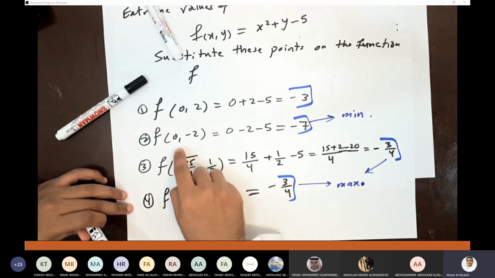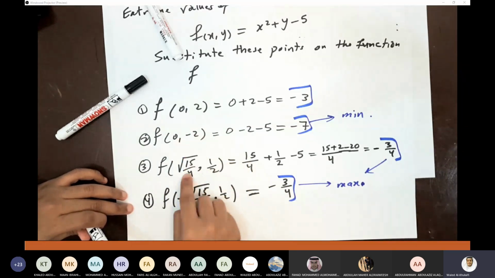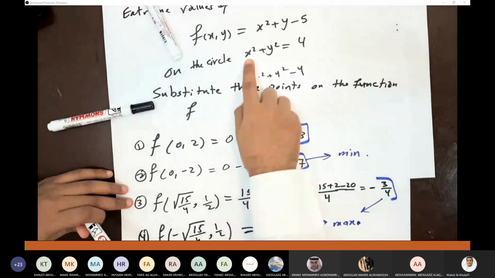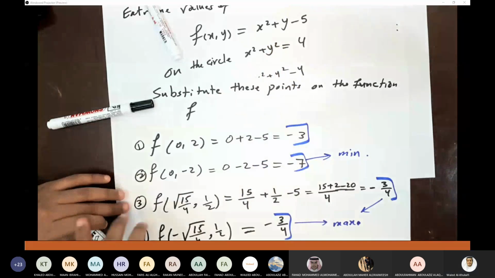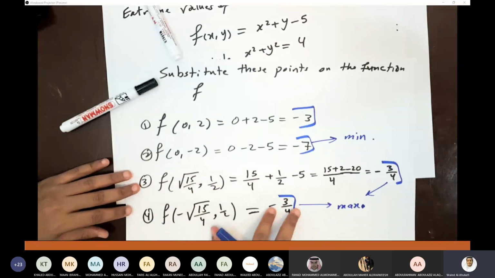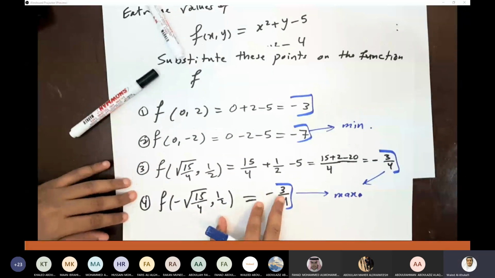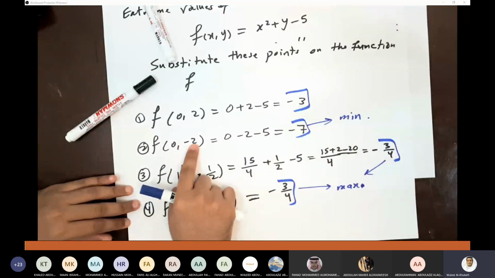And keep it, and also these points (0, 2) and (0, -2) satisfy the circle. يعني these points are on the circle. Okay. Now we said the minimum is at the point (0, -2) يا شباب.